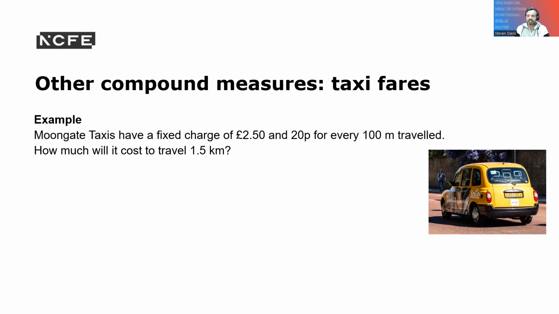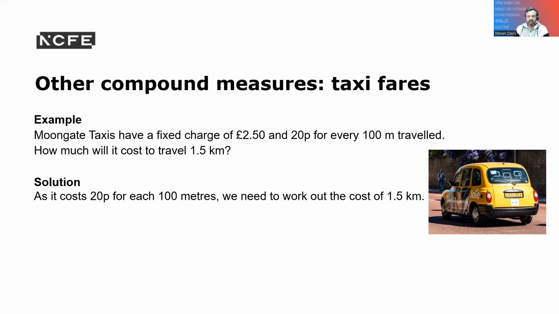So looking at this example here, Moongate taxis have a fixed charge of £2.50 and 20p for every 100 meters travelled. How much will it cost to travel 1.5 kilometres? So we're going to have to work out kilometres and meters, aren't we here?